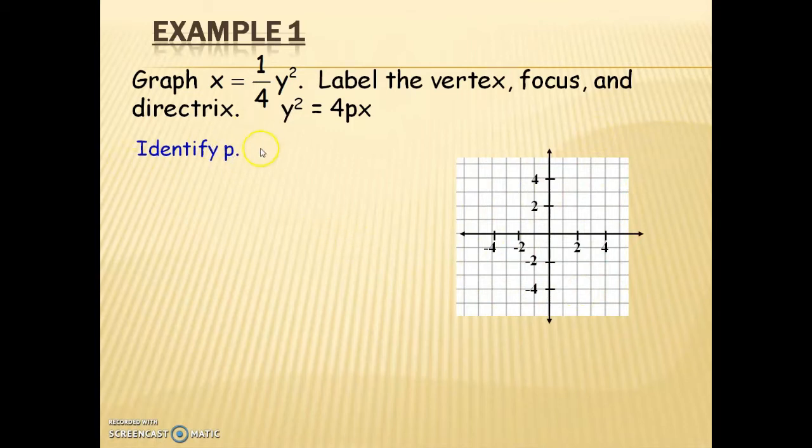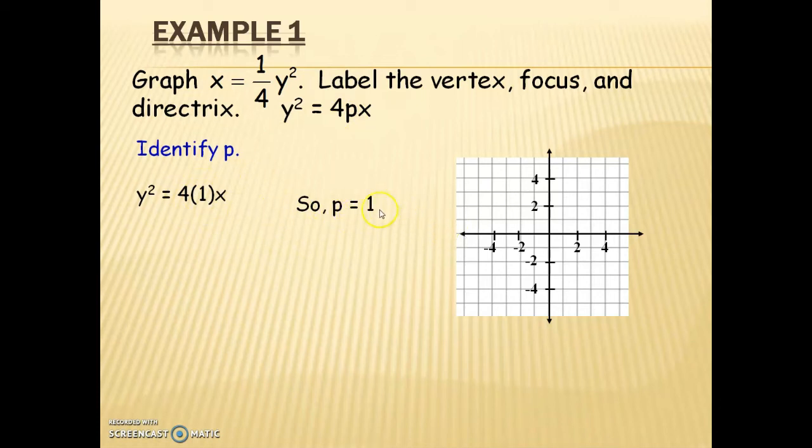To identify the p, we need to change this equation to the standard equation of the parabola. So from this equation, it will become like this. As you see, 4p, and this is 4 multiplied by 1. So p is 1.